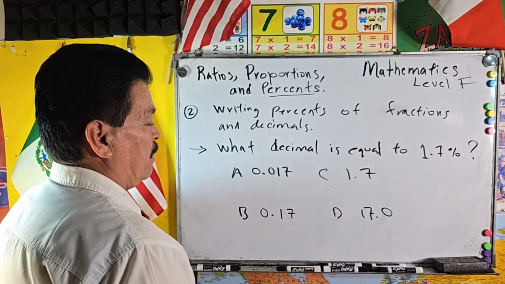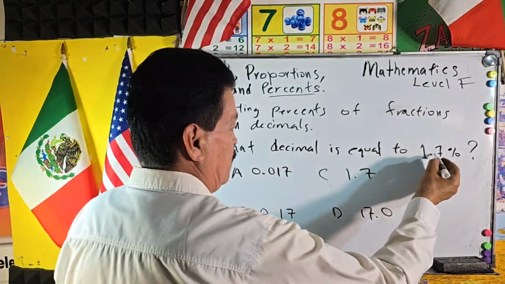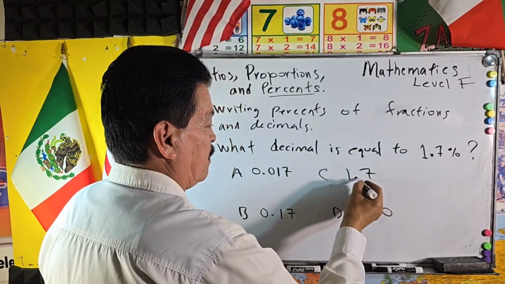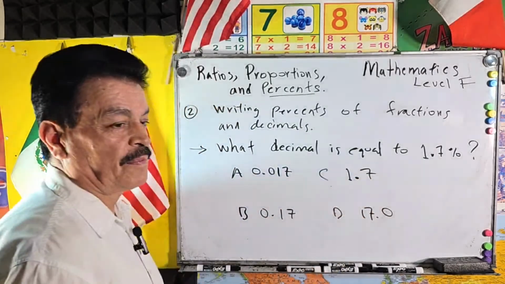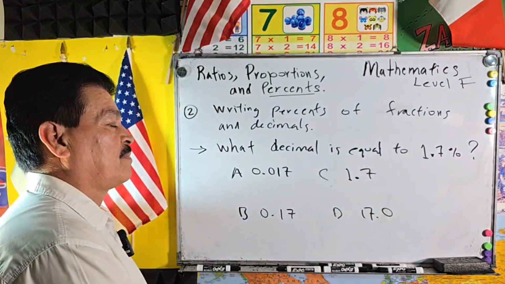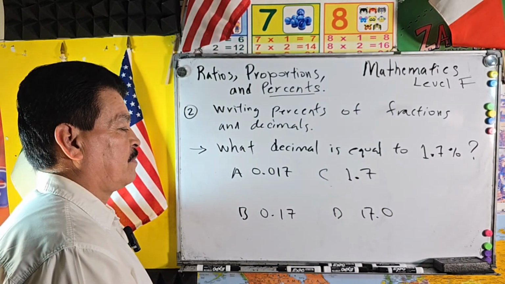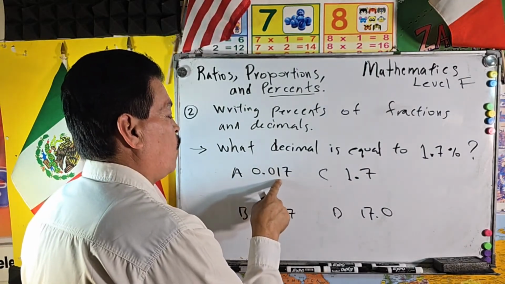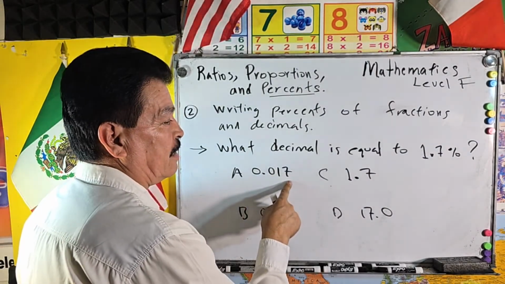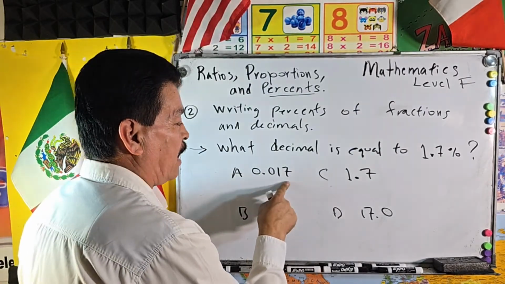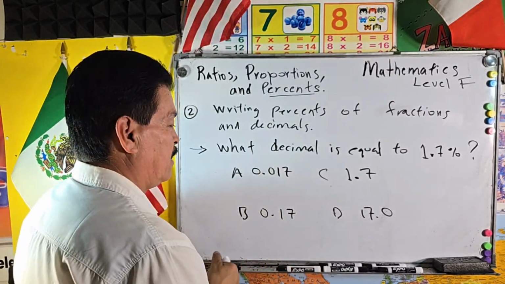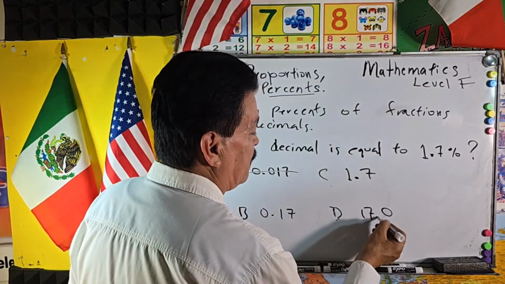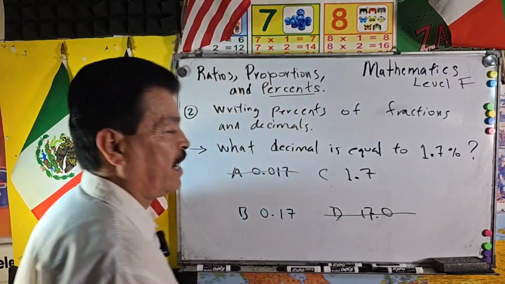Look at this. 1.7%. So 7 right here. Here is 0.017, in hundredths and thousandths. This is not it, so completely wrong. This one, 17.0%, completely wrong.